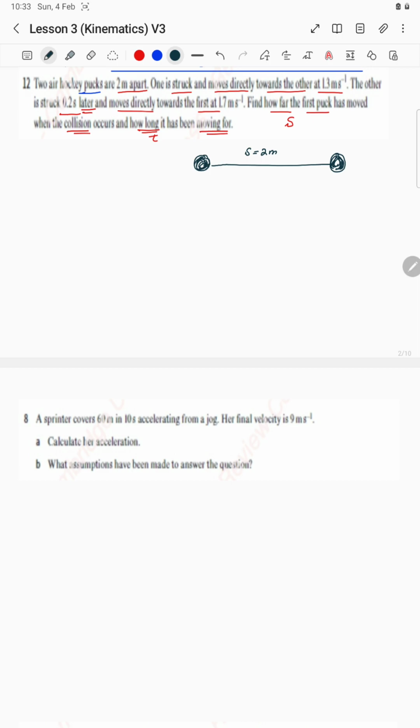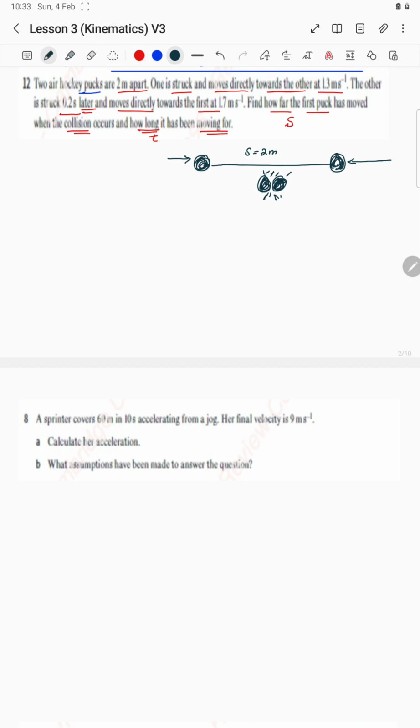The other puck will be struck in this direction and this one in this direction, and definitely they will come to a certain point here, and when the collision occurs, the bang will occur and they will move in different directions, right? Because there are two pucks colliding here. Okay, this is a simple phenomenon.